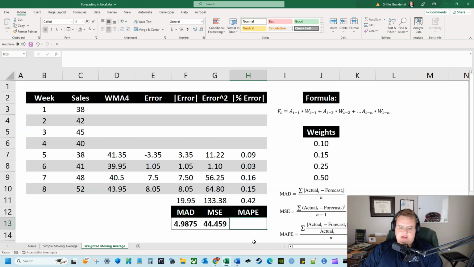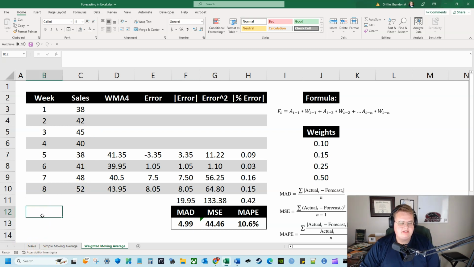And then MAPE is going to be this 0.42 divided by 4. And we can change this to be a percentage, which gives us 11% MAPE, MSE of 4.6, and MAD of 4.99. All right, so now let's compare our 3 forecasting methods and see which one is best for this data.